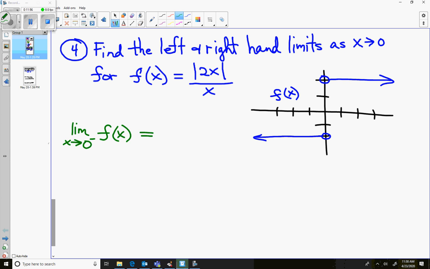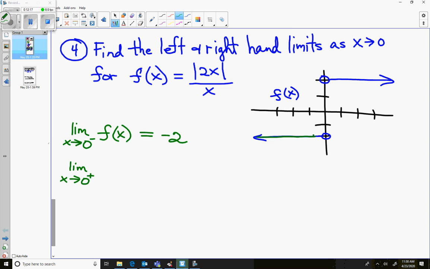So that simply is saying the left-hand limit. So coming from the left, so I'm coming this way, what y value are we approaching? And the answer is a y value of -2. So there is a left-hand limit.